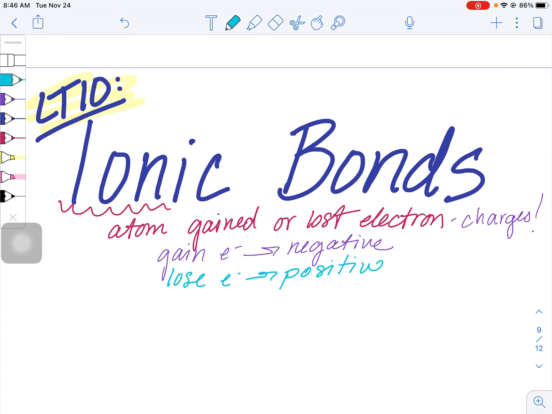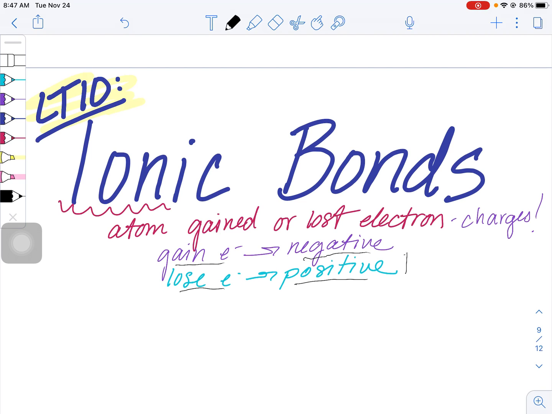We have to remember what we're gaining or losing, right? We're taking in more electrons, more negative particles. That creates that negative charge. Same thing here: losing electrons, we're giving away negatives. So that gives us more protons, or more positives.